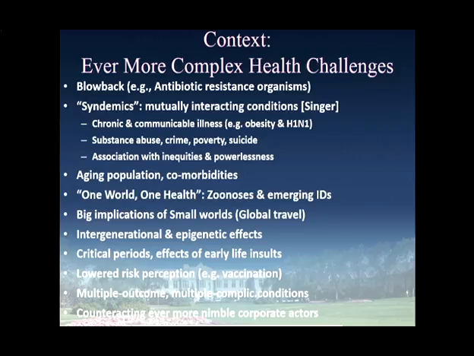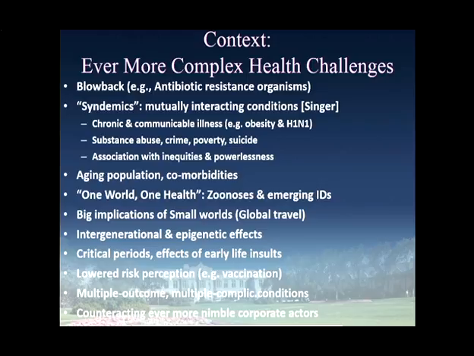And Merrill Singer, in his book Syndemics, which is a wonderfully thoughtful book that Kurt should read soon, has characterized this notion of a syndemic. These are mutually interacting conditions, often spanning the health and social areas, that exist in this very tangled form.